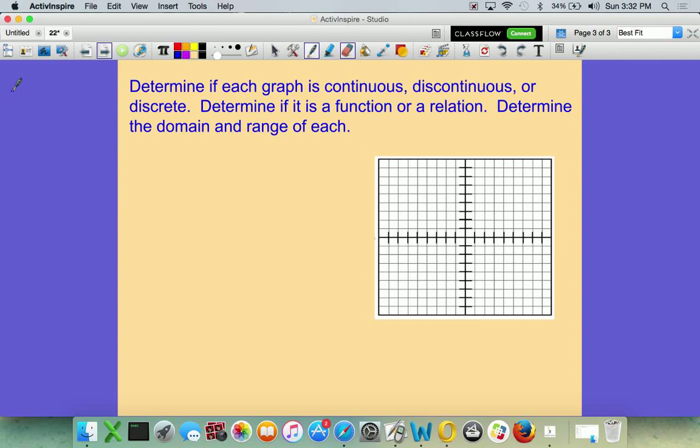Next one: determine if each graph is continuous, discontinuous, or discrete. Determine if it's a function or a relation. Determine the domain and range of each of them. So let's say that we had this function.